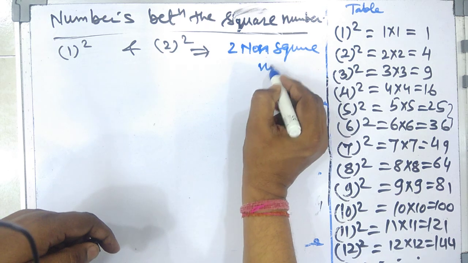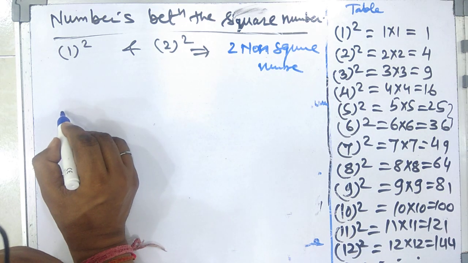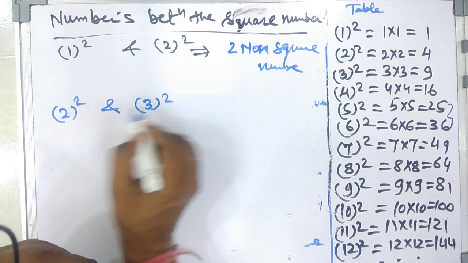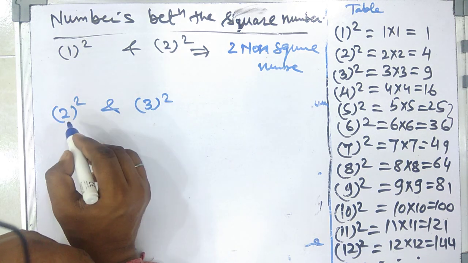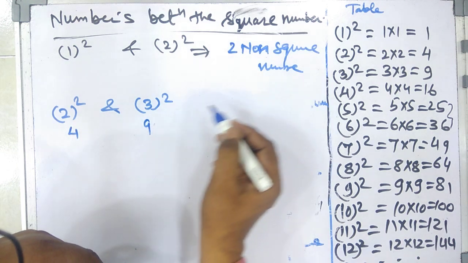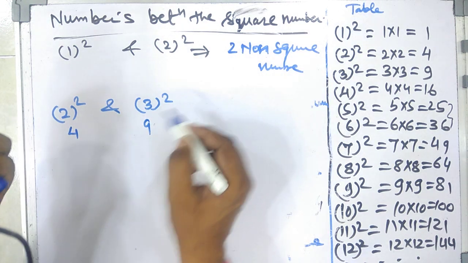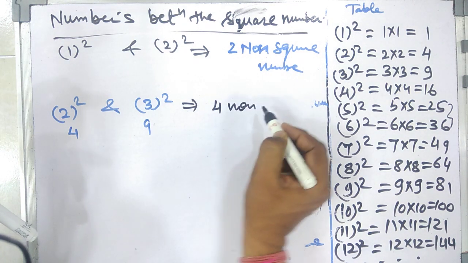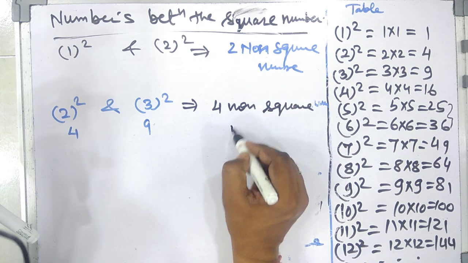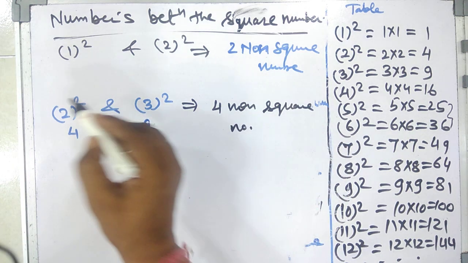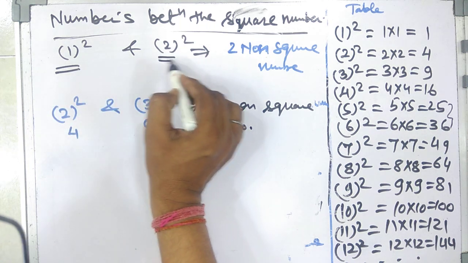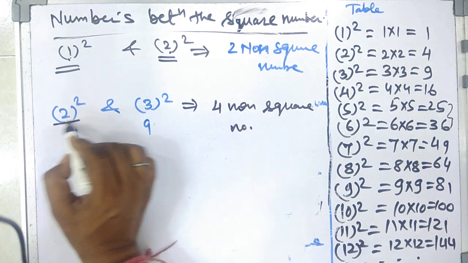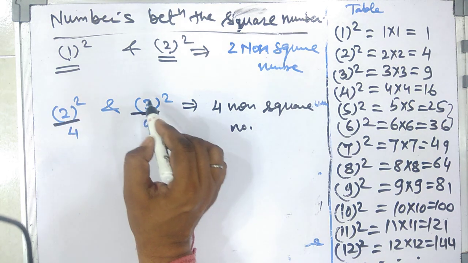And in the same way, students, between 2 square and 3 square, it means between 4 and 9, four non-square numbers. It means, students, this is n and this is n plus 1. If n is equal to 1, then n plus 1 is 2. If n is equal to 2, then n plus 1 is equal to 3.